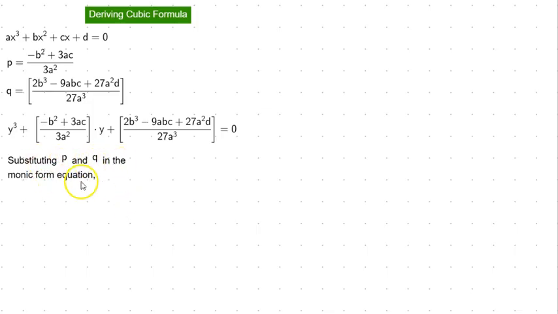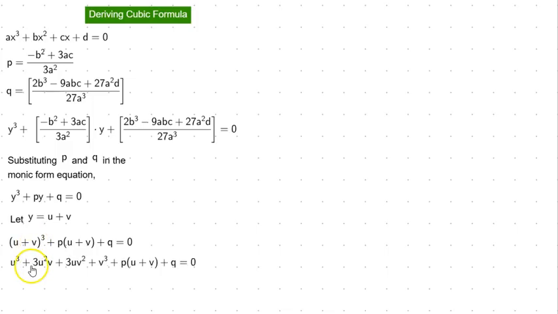Substituting p and q in the monic form equation, we get y cube plus py plus q is equal to 0. Now let y is equal to u plus v. Now we are substituting u plus v for y. (u plus v) cube plus p times (u plus v) plus q equal to 0.